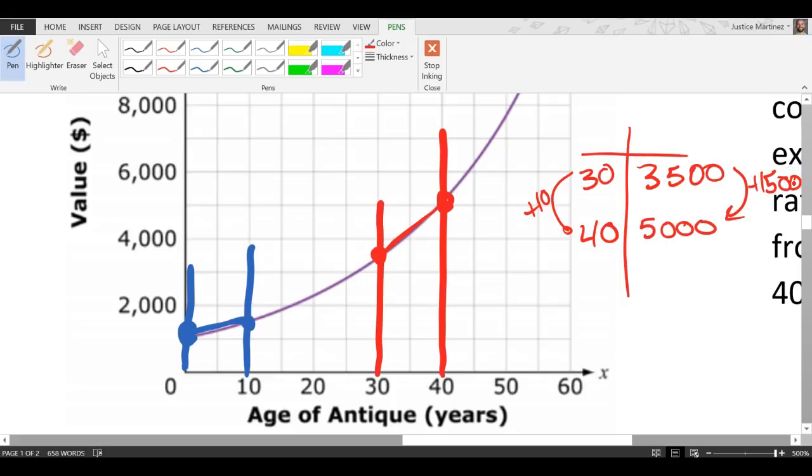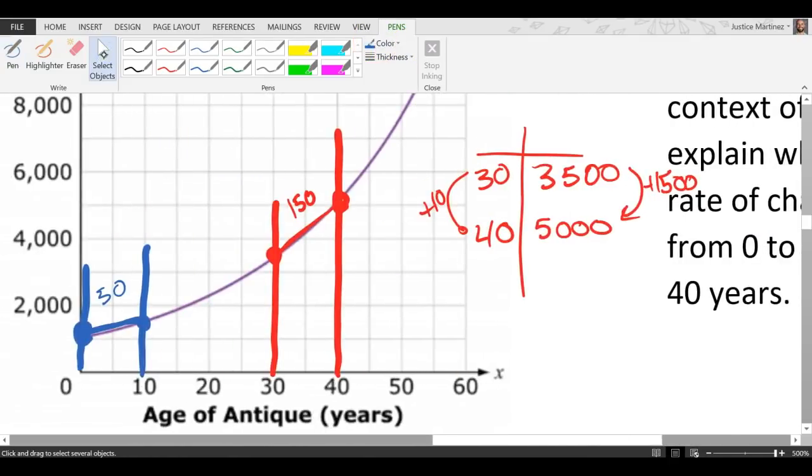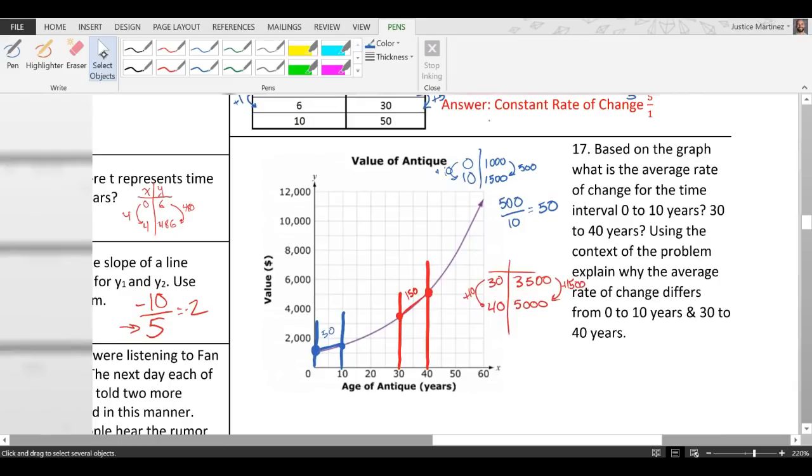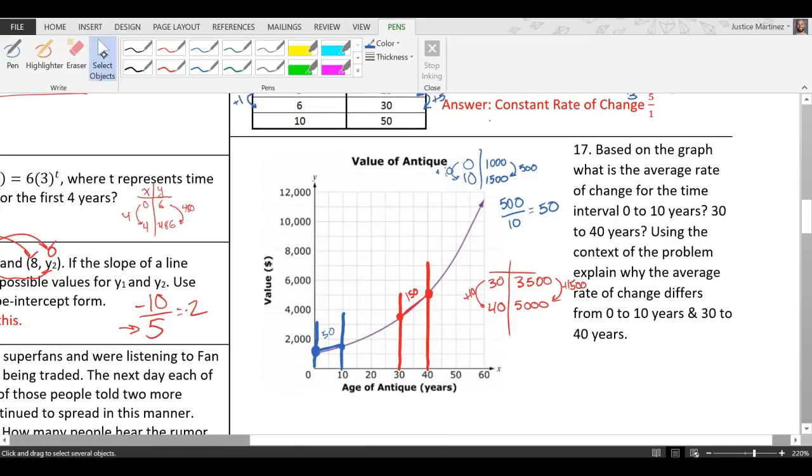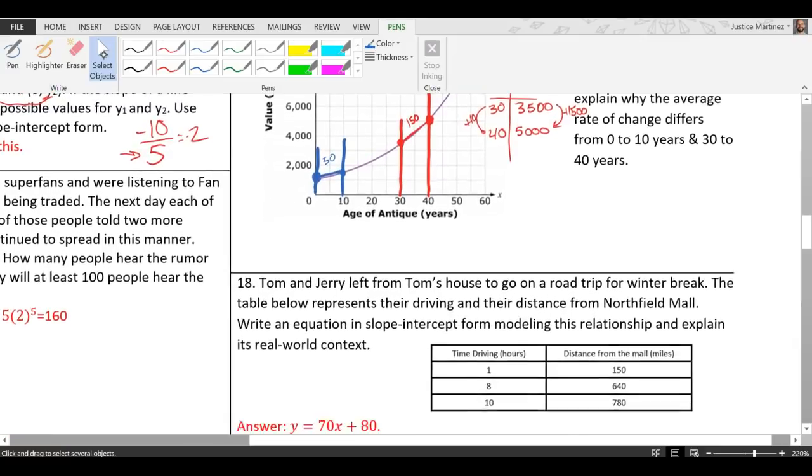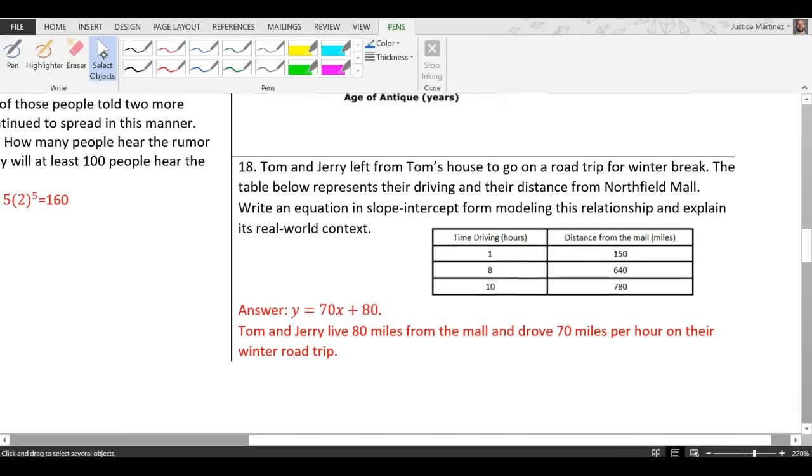Well, 1,500 divided by 10 gives me roughly a rate of change of about 150. Down here, hopefully you remember, this was 50. Now, the next part of the question is, why is it different? Your answer should simply be that exponential equations and exponential functions change their average rate of change over time. That's just the nature of them.